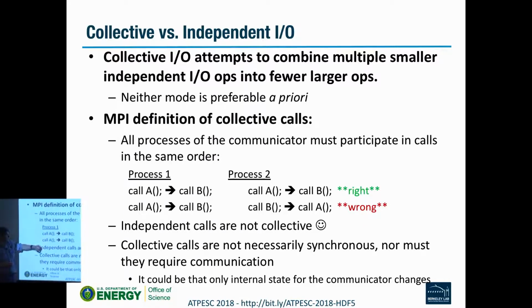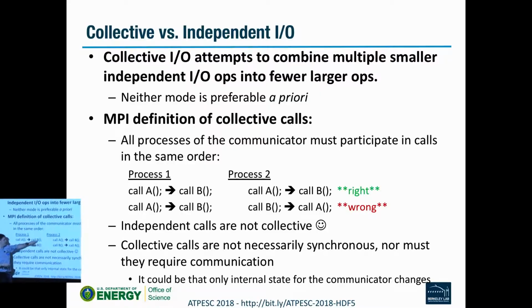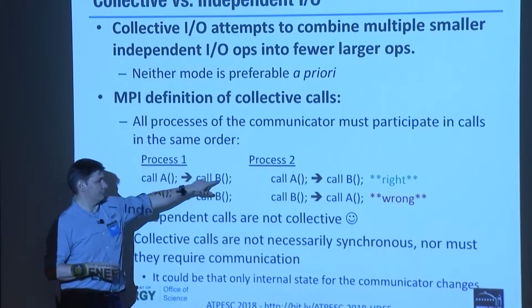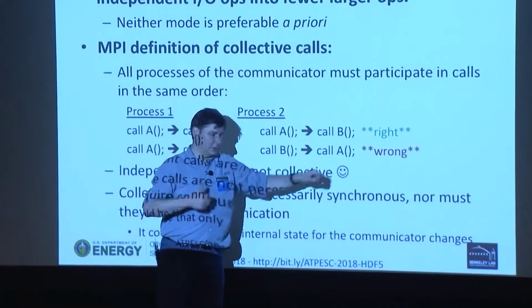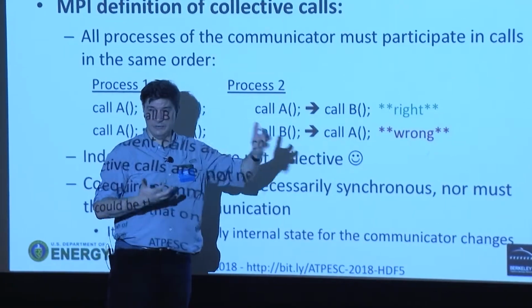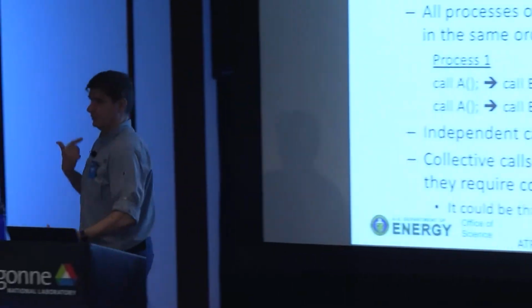If on process 1 you call, say, bcast and then an allreduce, and then bcast and allreduce, you're good. If you call bcast and allreduce and then allreduce and bcast, you're probably going to get a deadlock in your MPI application. And it's very similar in HDF5.